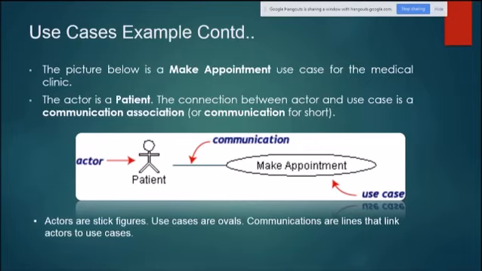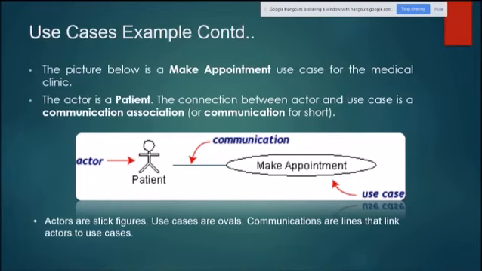The connection between actor and the use case is communication association, or simply communication, or simply a line which represents the communication, and make appointment is the use case. So use case, if you see, is written in an oval shape or ellipse shape, and patient is drawn with a stick diagram.